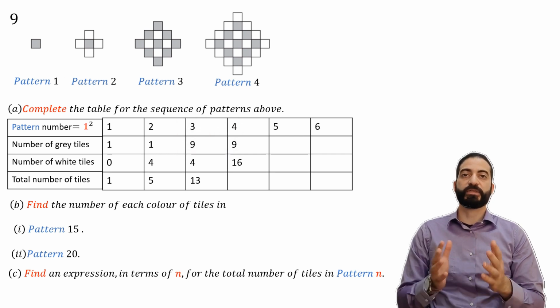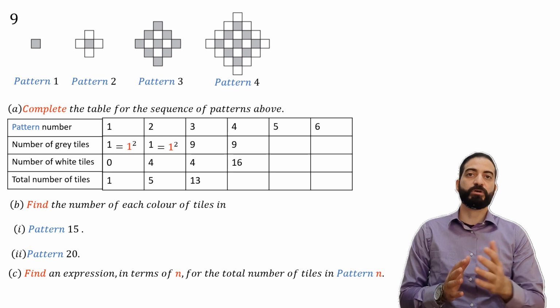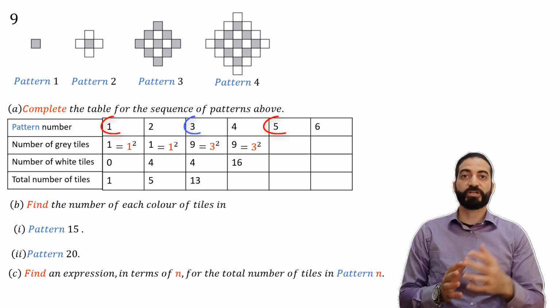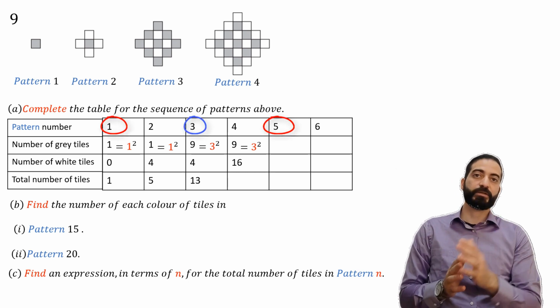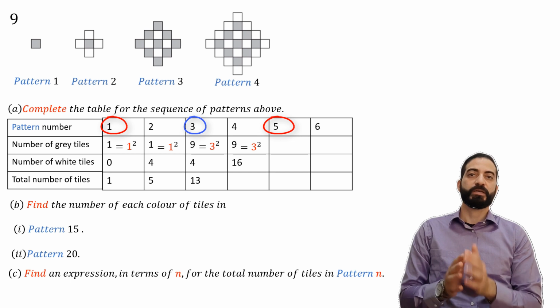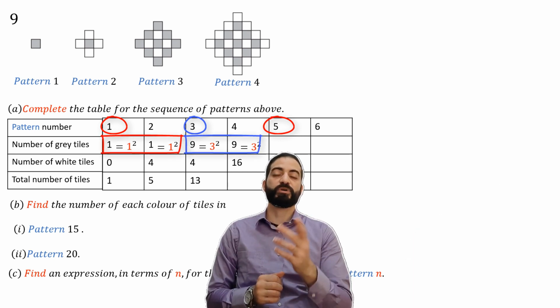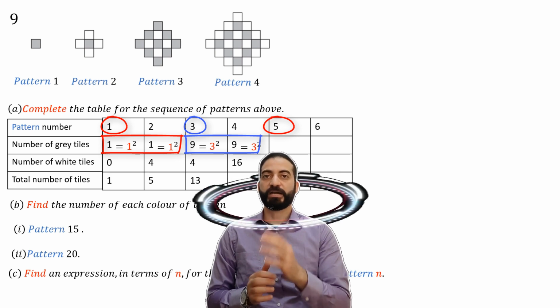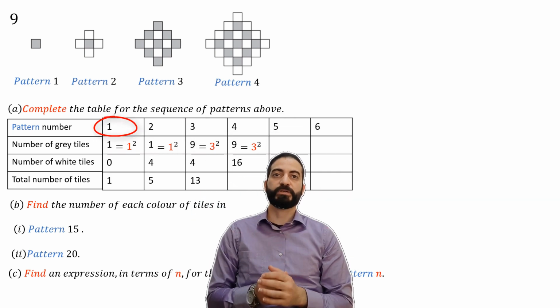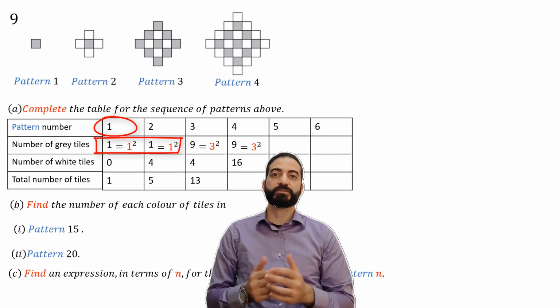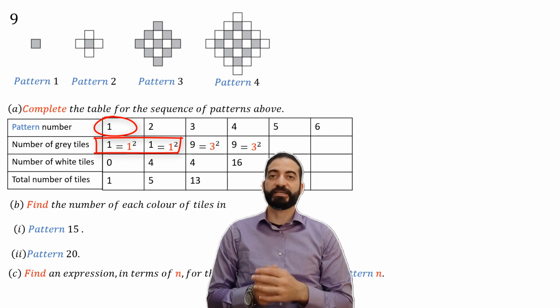As we know that 1 equals 1 squared and 9 equals 3 squared, we notice that when we have an odd number in the pattern, that odd number and the number after it give the number of gray tiles, but squared. For example, here we have one odd number, so we write 1 squared twice, here and here.